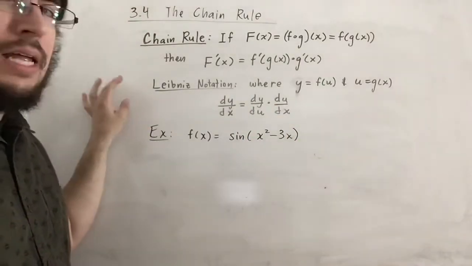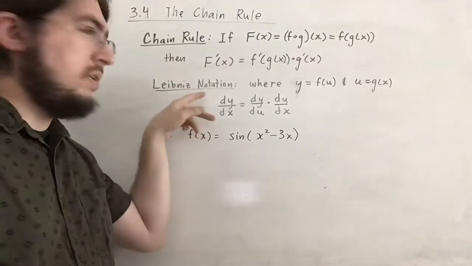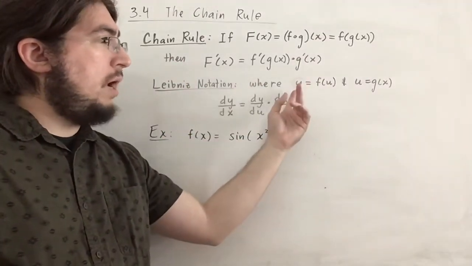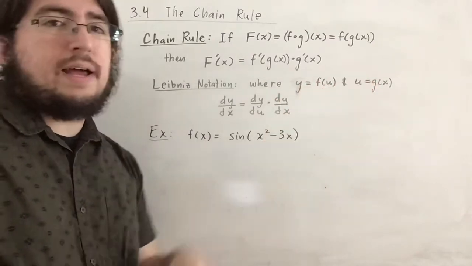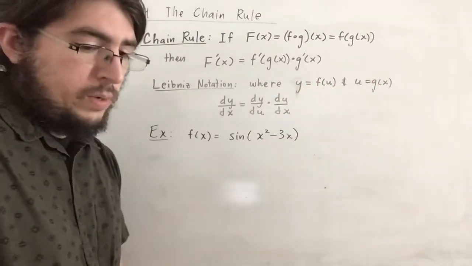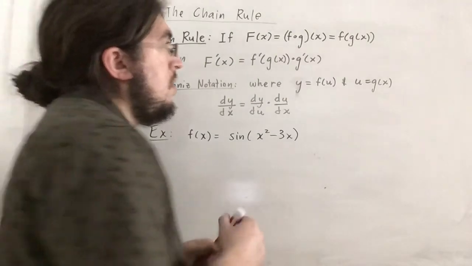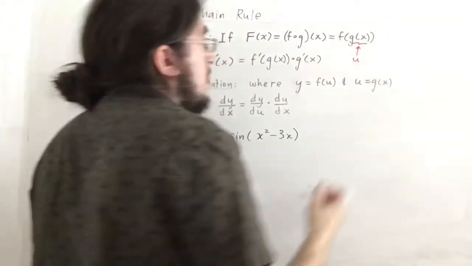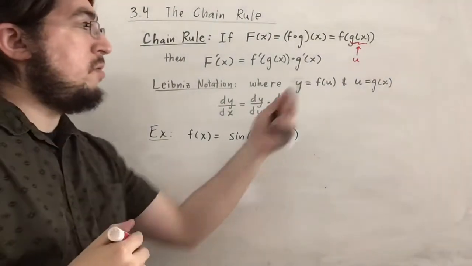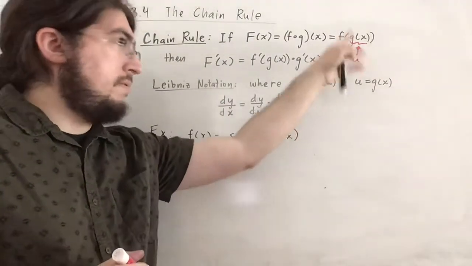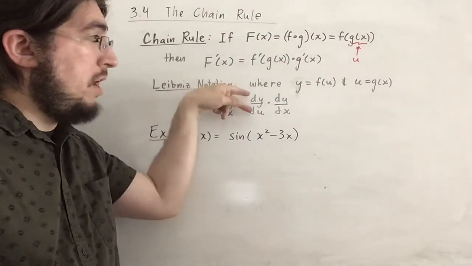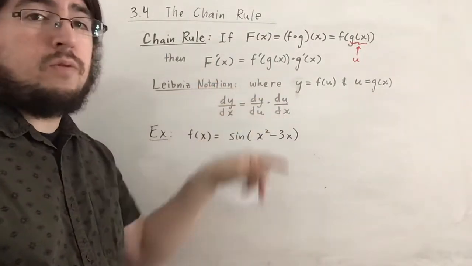But first let me say that in Leibniz notation, if you remember the dy over dx notation, if we let f of u be y, where u is g of x, so basically we're calling the inside u. Then dy over dx is just dy over du times du over dx.